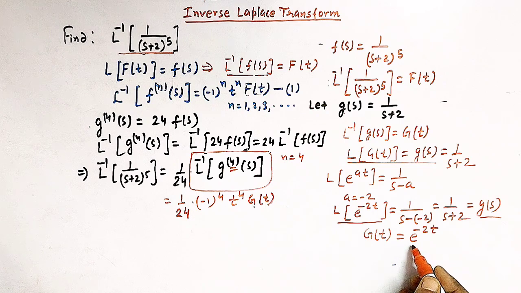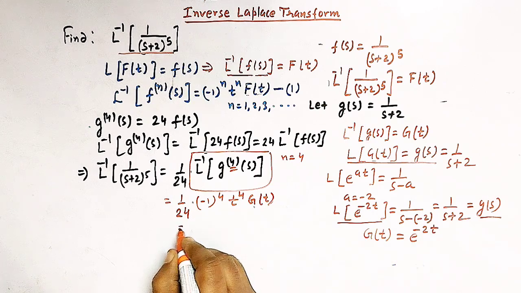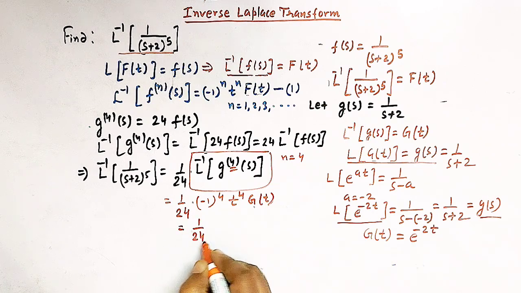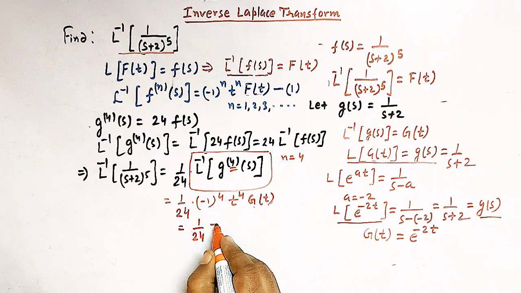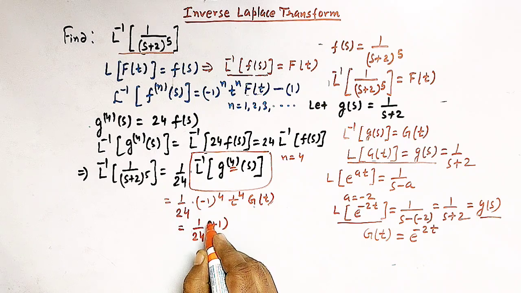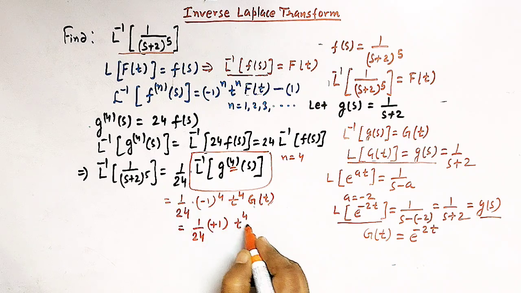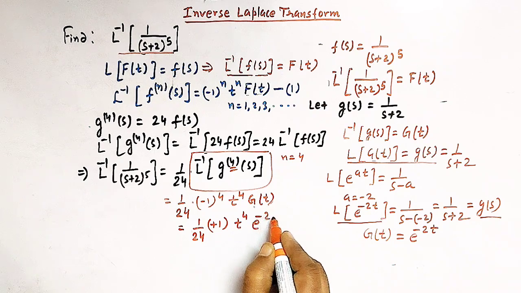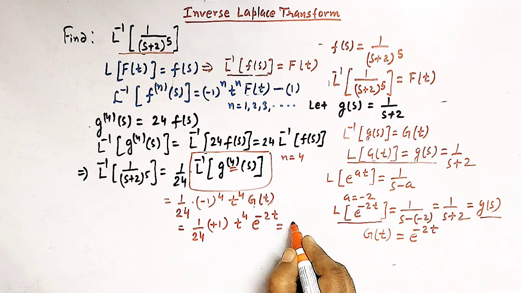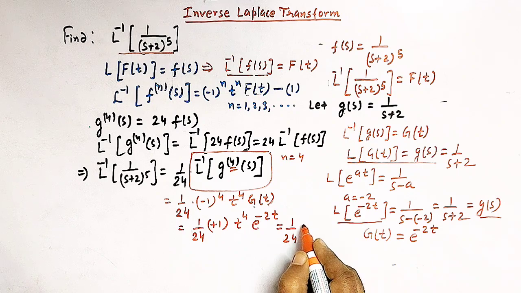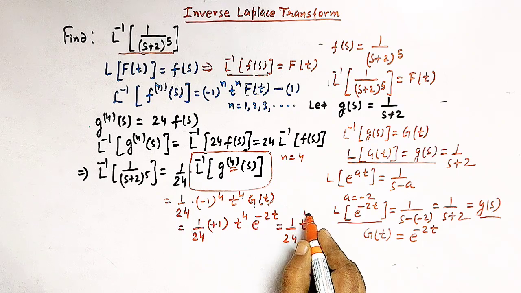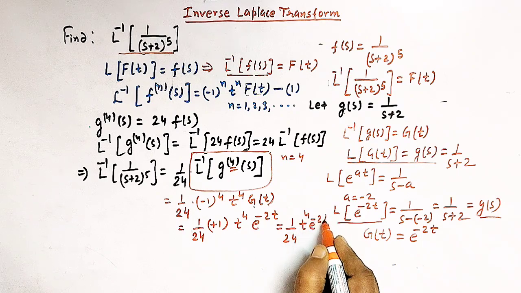And G of t is e raised to minus 2t, so we can now write 1 over 24, minus 1 raised to 4 is simply plus 1. This is t raised to 4, and here we have e raised to minus 2t. So this is equal to 1 over 24 times t raised to 4 and e raised to minus 2t.